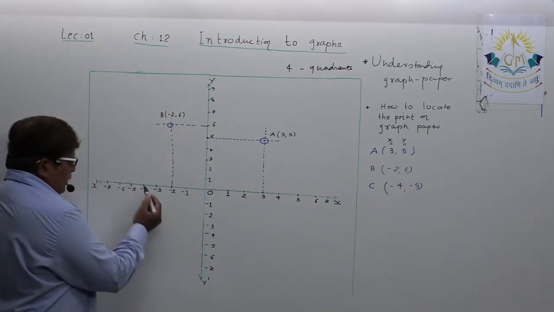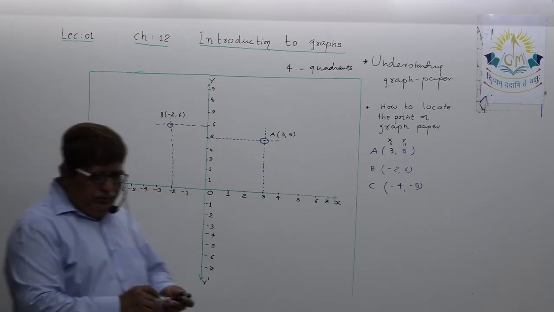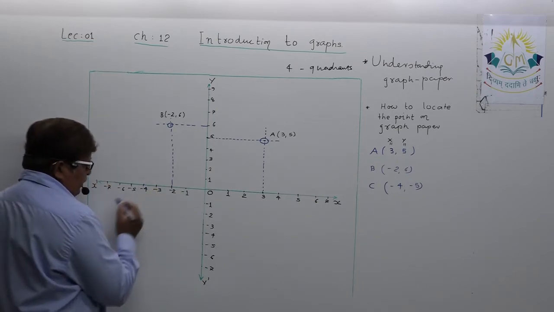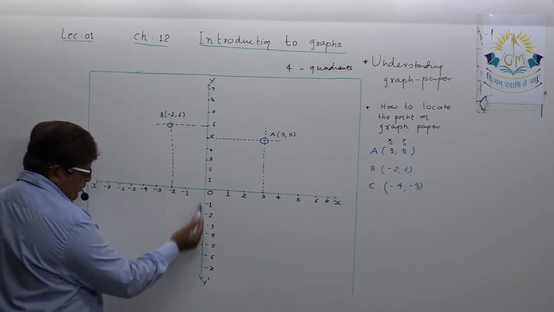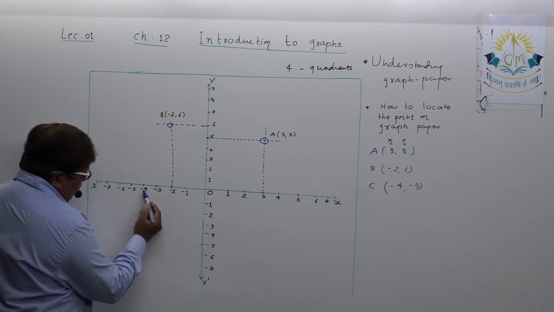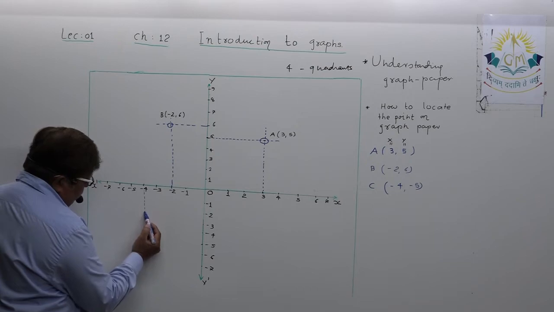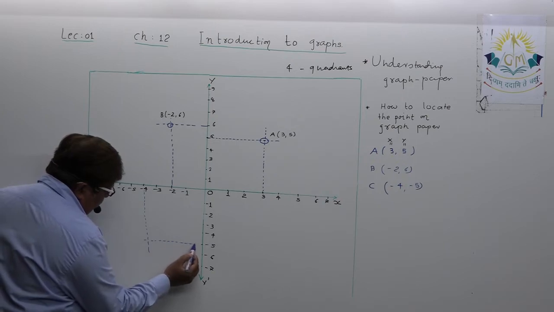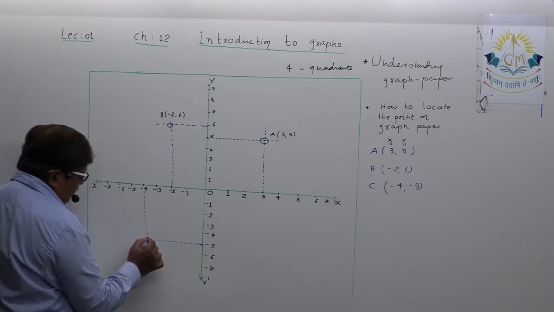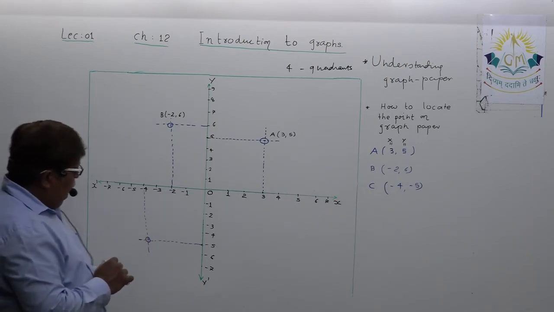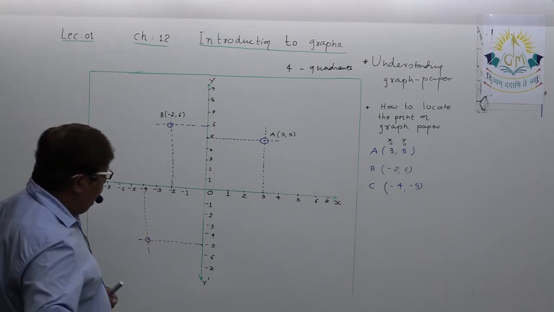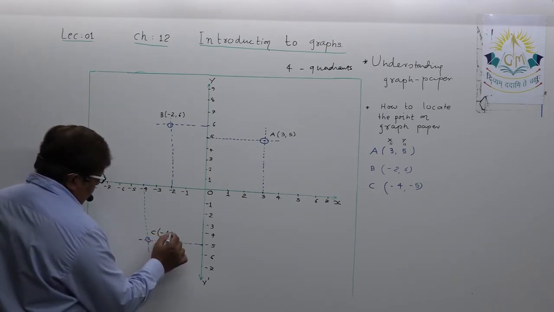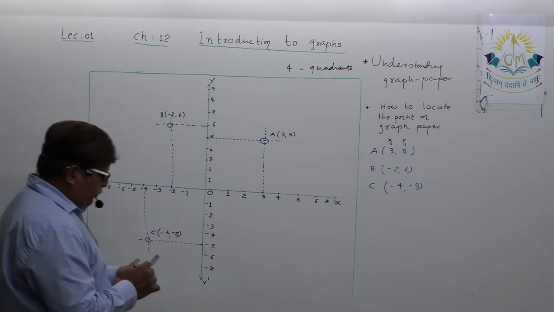See here, here is x coordinate, okay, and this is minus 4 is the x coordinate, minus 5 is the y coordinate. Draw one dotted line from x coordinate and one dotted line from y coordinate. Both are intersecting here. So this becomes your point C. Minus 4 comma minus 5.